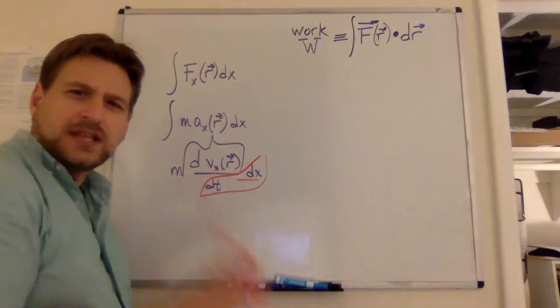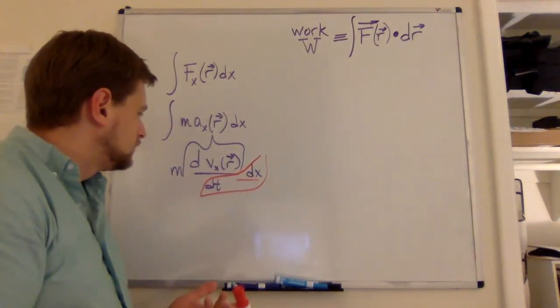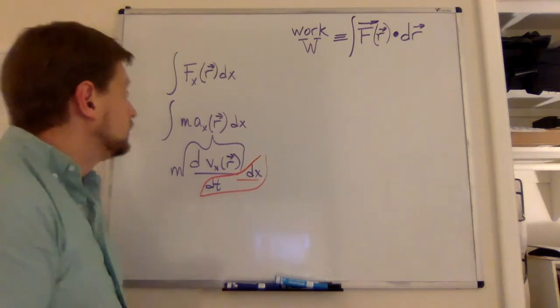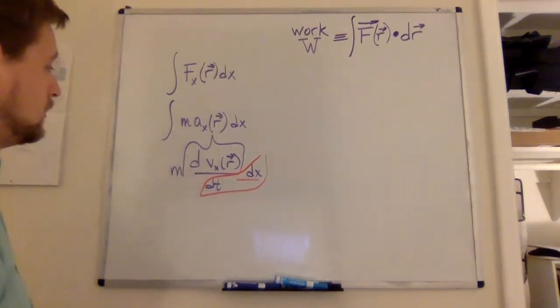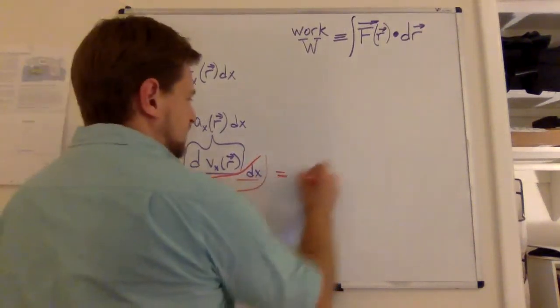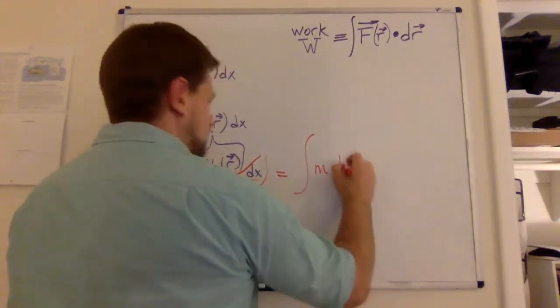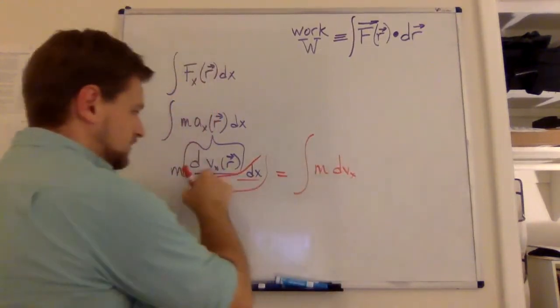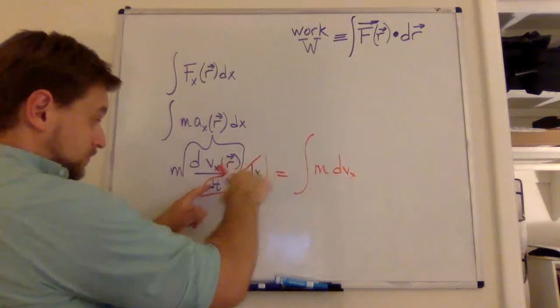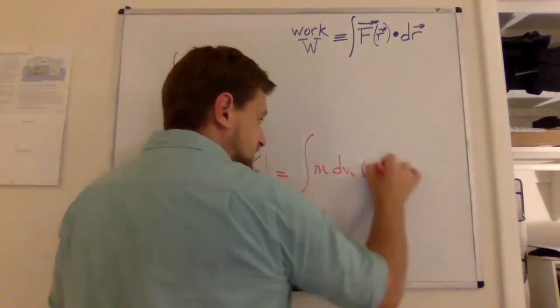That's the horizontal velocity. Oh my goodness. Okay. So this integrand looks like m dvx, but the dt goes with the dx and is another vx.